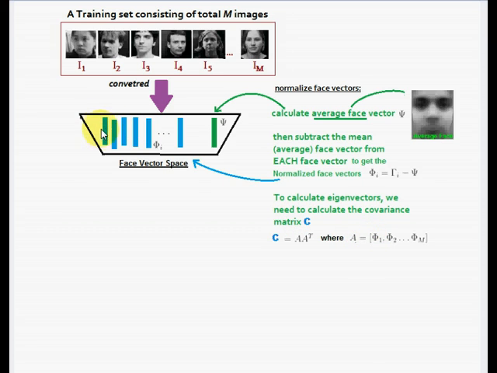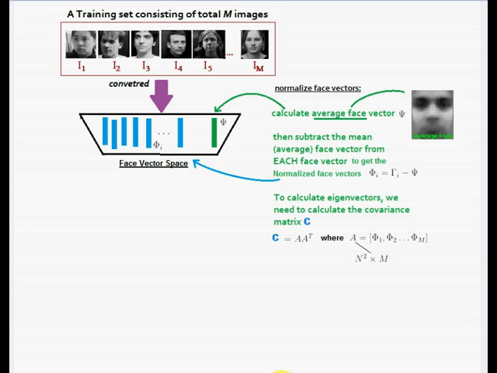So if this is normalized face vector 1, that is phi 1, phi 2, phi 3, phi I, up to phi M, then if you place each of these normalized face vectors as columns of this matrix, it will make up A.